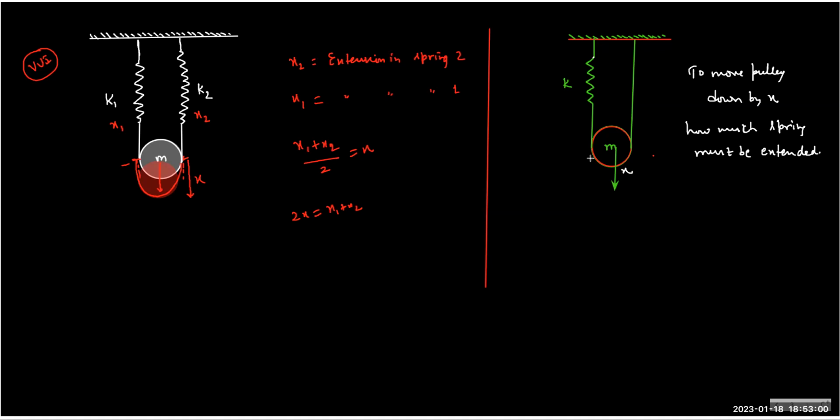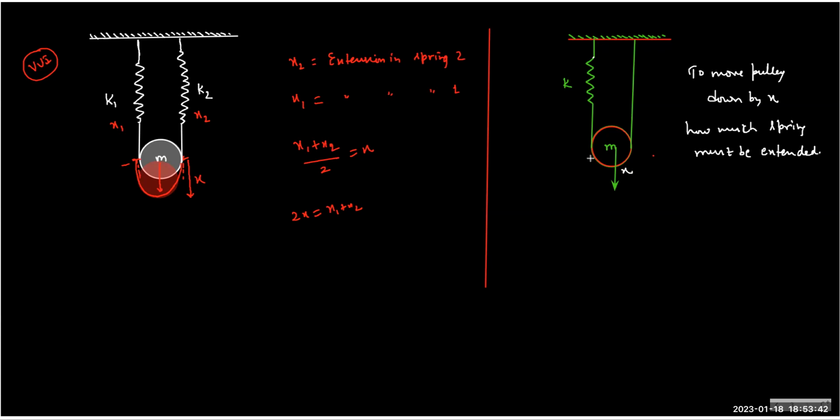Prashant, tell me, it is clear, yes or no? See, you have to pull the pulley down by x. How much extension do you see you need in the wrapped string? So 2x. And that 2x will come from where? So from both sides of the string.